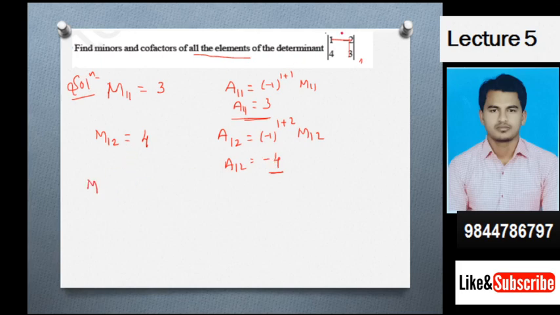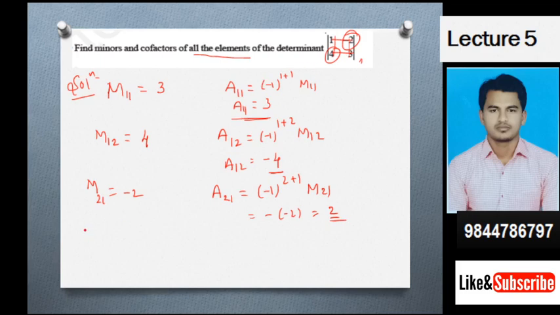Similarly, after getting this position, now choose this position, that is A21. M21 means eliminating second row with first column. What is the answer? That is minus 2. What can you say about the cofactor of A21? That is 2 plus 1, minus 1 to the power of 3 means minus. The cofactor of A21 is plus 2.